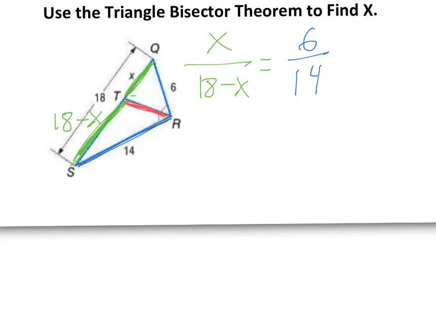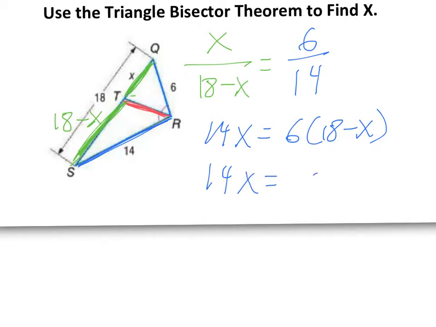Now I cross multiply, solve for x. We get 14x equals 6 times 18 minus x, which if we do the work there, we end up with 108 minus 6x. Add 6x to both sides, and we get 20x equals 108.